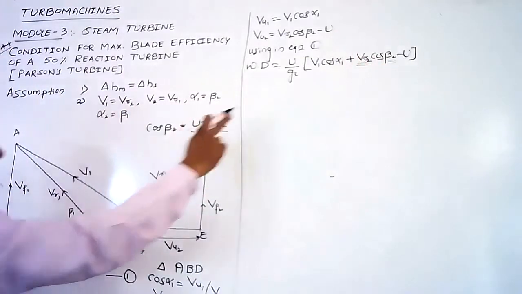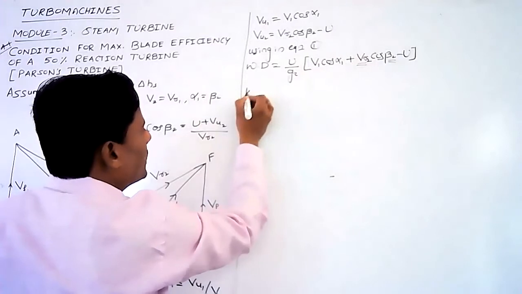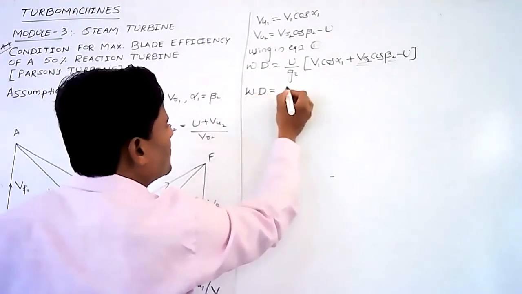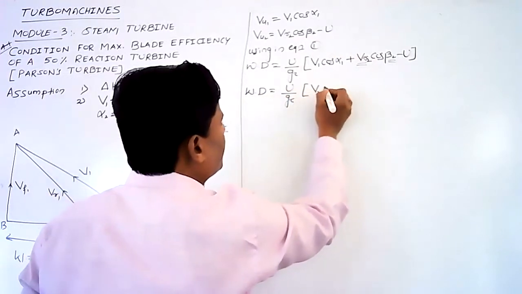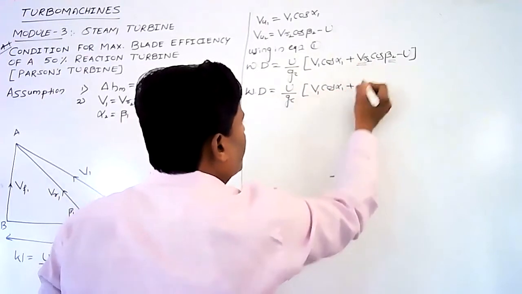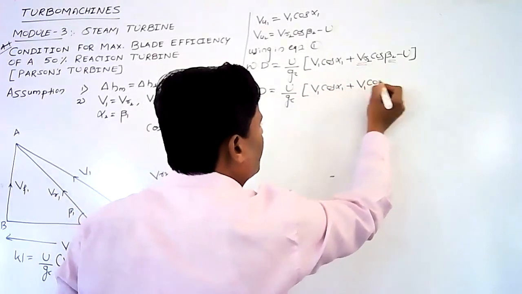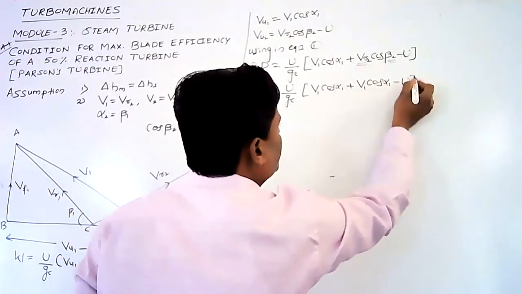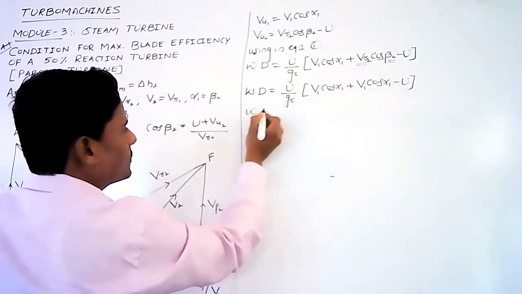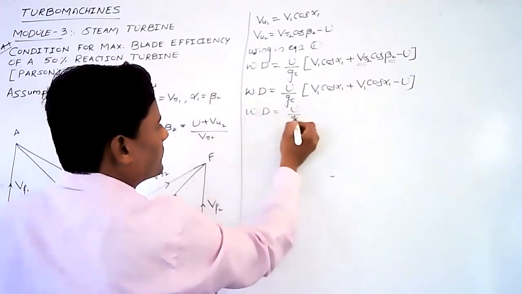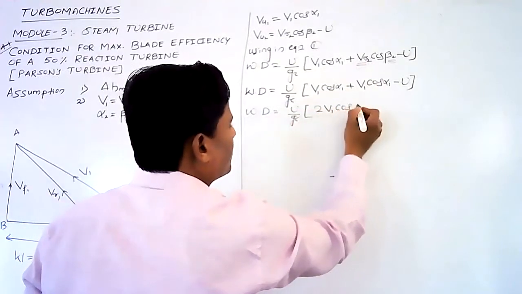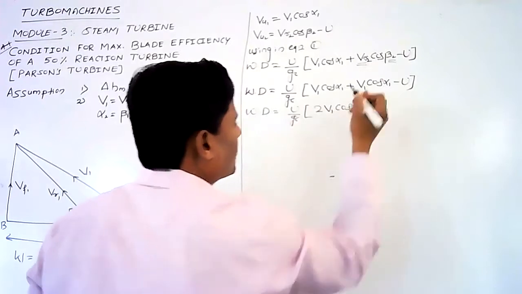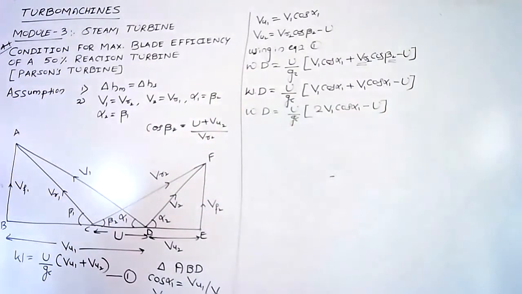So let us use these terms in this equation. The work done per kg of steam is given by U by gc into V1 cos alpha 1 plus, in place of Vr2, V1 cos alpha 1 minus U, or WD equals U by gc into 2 times V1 cos alpha 1 minus U. Okay, I hope this is clear now.